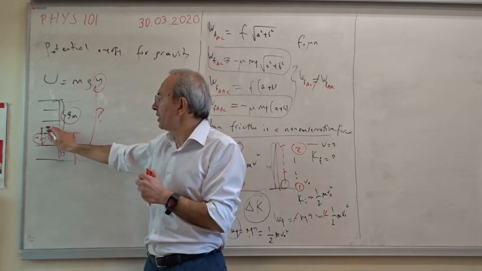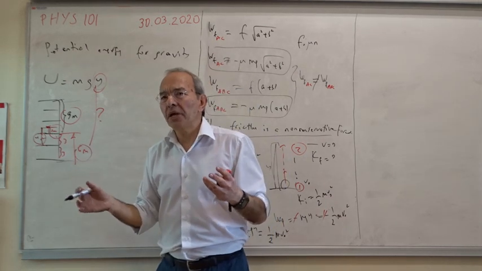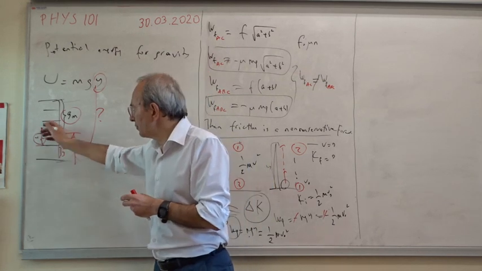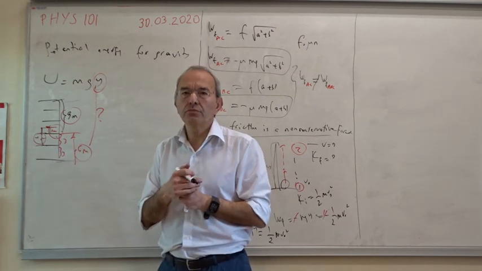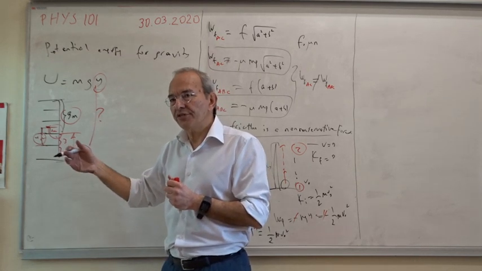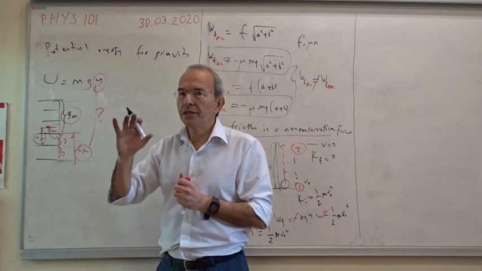Anyway, this potential energy doesn't have a physical meaning. It can be considered with different zeros, different reference positions, so it can have different potential energy values. But this is not physically important.